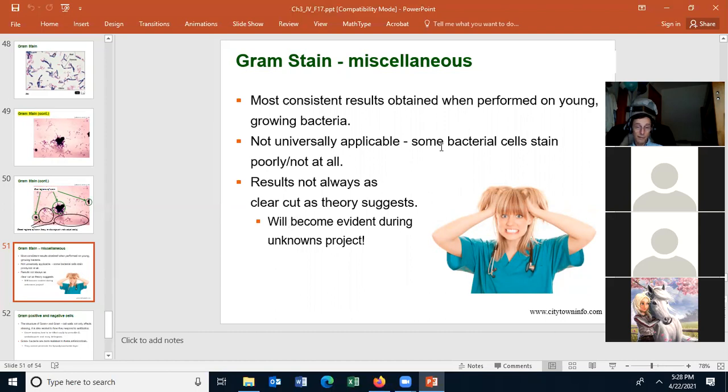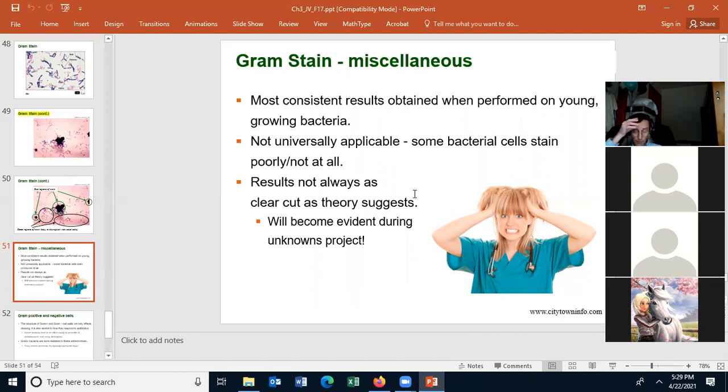I have actually used 2 specimens of mycobacteria, and as long as you did the Gram stain correctly, stain it on freshly growing cells, and make sure you leave the crystal violet on for at least 1 minute, I did get the mycobacteria to stain correctly. Okay, meaning they did take up the Gram stain, the crystal violet.